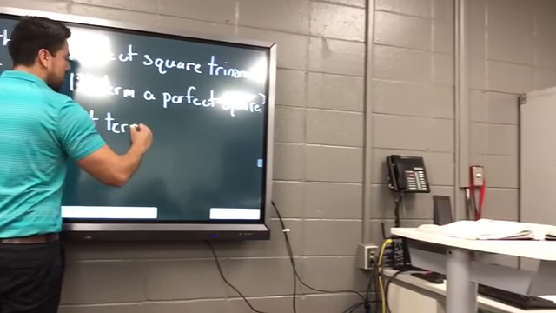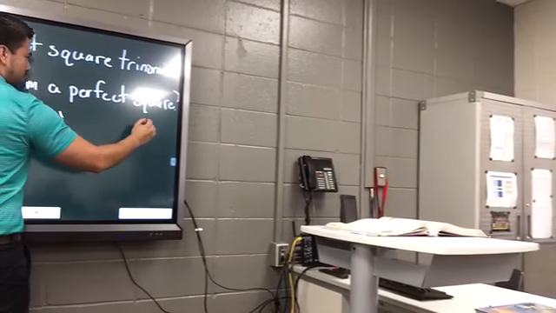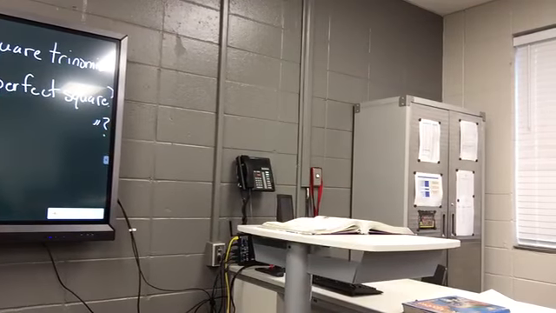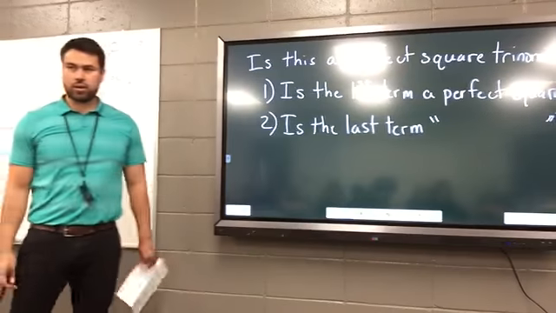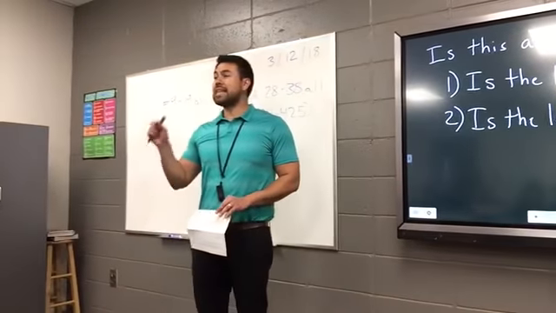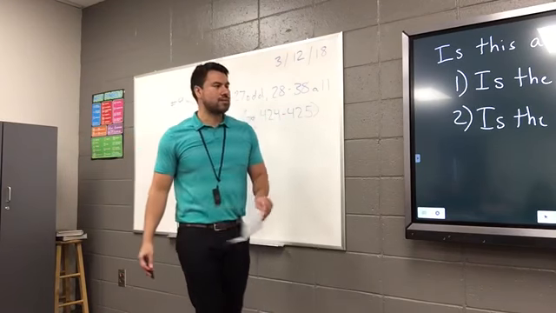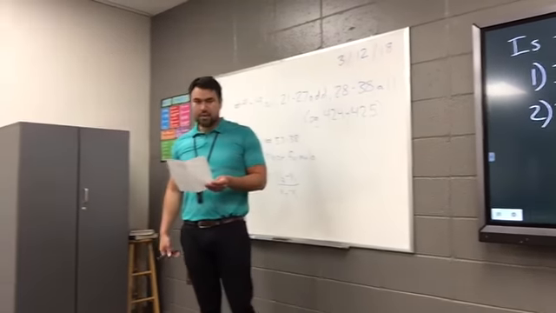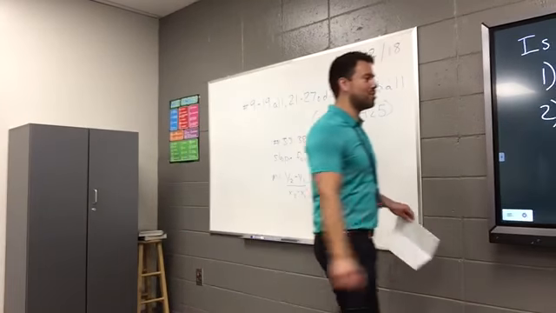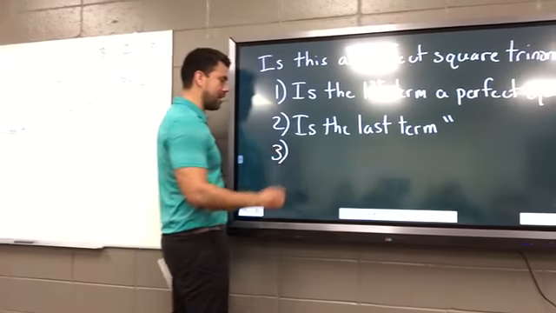Is the last term a perfect square? That means, can it be square rooted? And you'll have to answer yes or no. The last question is the hardest one to write down because you have to consider everything.